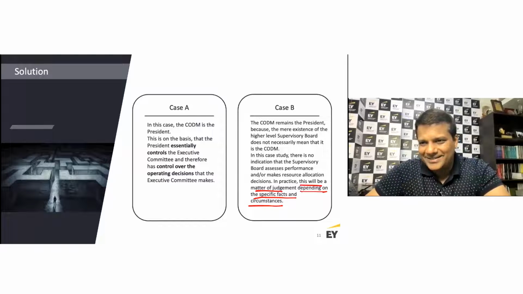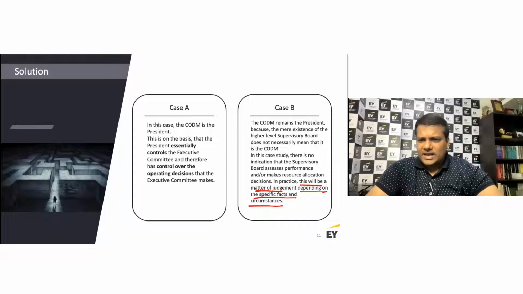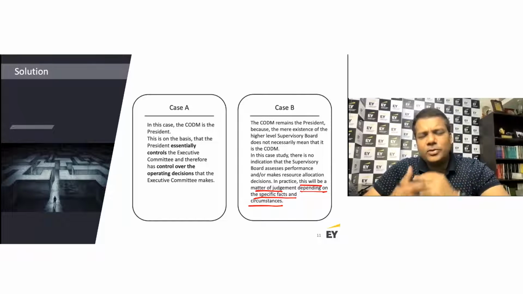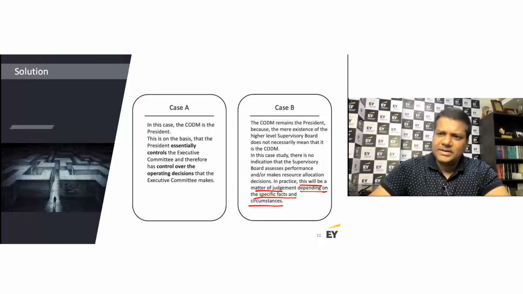As you know, Ind AS is a principle-based standard, and often you will come across matters which require you to exercise judgment. That's where one has to be cautious, exercise judgment, and then make appropriate disclosures: these are the fact patterns which I evaluated, and that's how we ended up taking a judgment call.